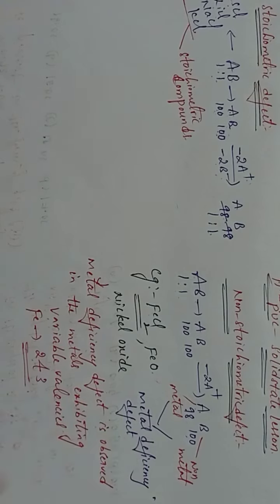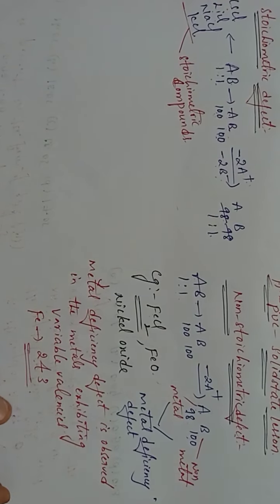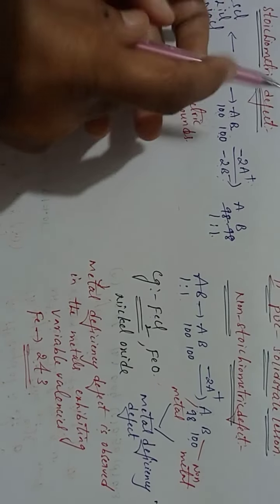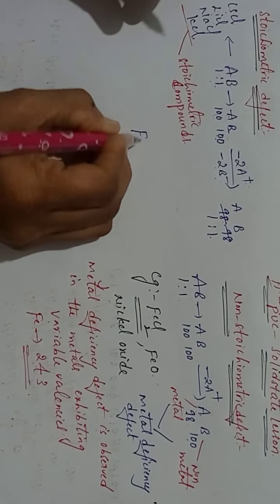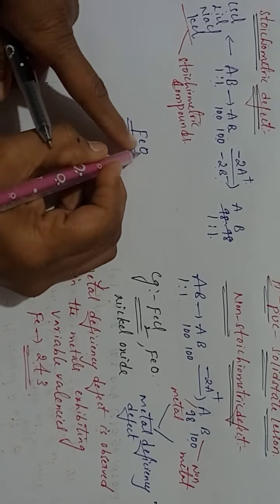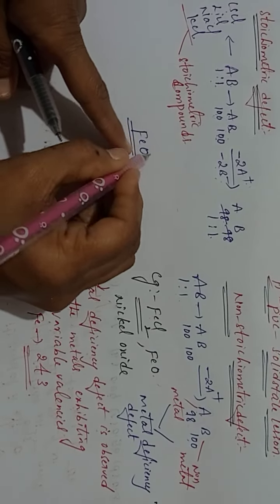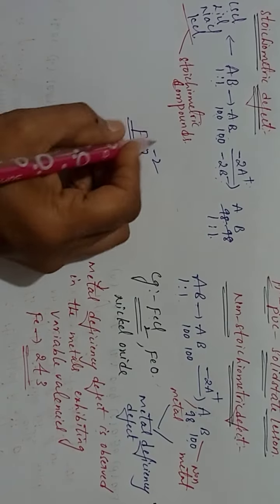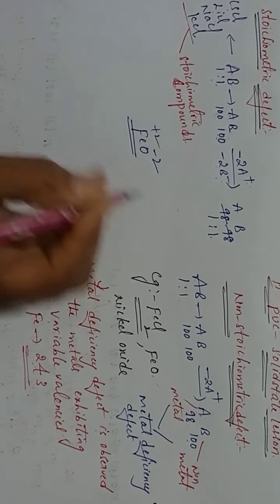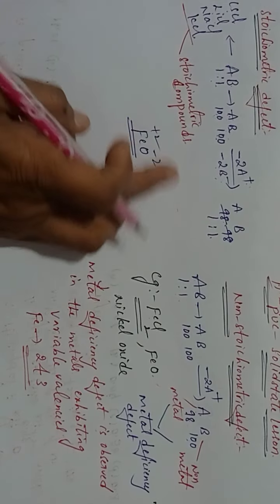Now see, students, one general example I am going to discuss. For example, in iron oxide I am taking, students. Generally in iron oxide, what is the oxygen oxidation state, students? It is -2. What is the iron oxidation state, students? It is +2. Oxygen is -2, iron is +2.